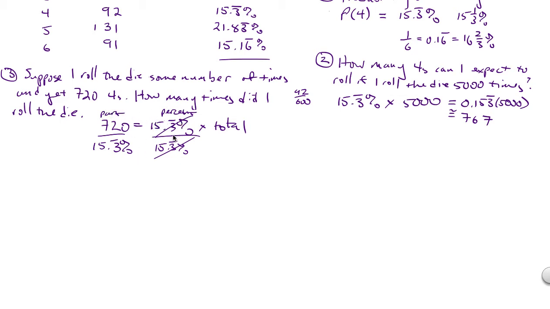So to undo that, taking a percent of something, we would divide instead. Divide our part by our percent, and that should get us our whole. That looks like we get 4,696 total rolls, rounded to the nearest whole number because you can't have a fraction of a roll.